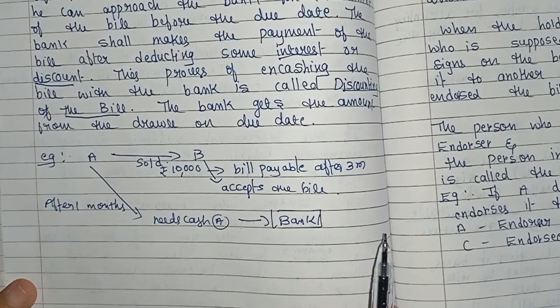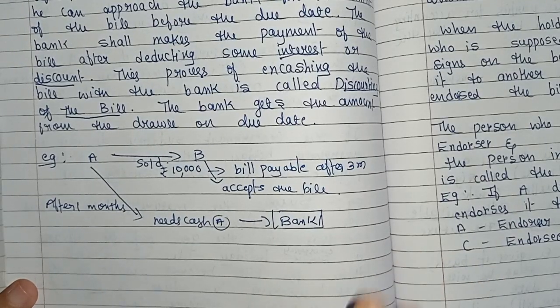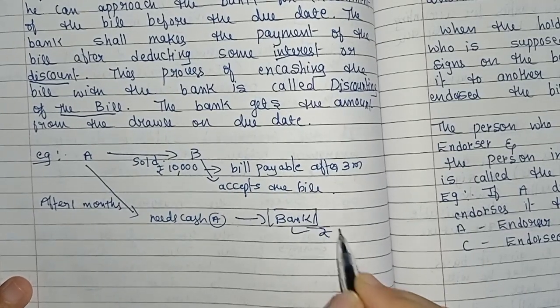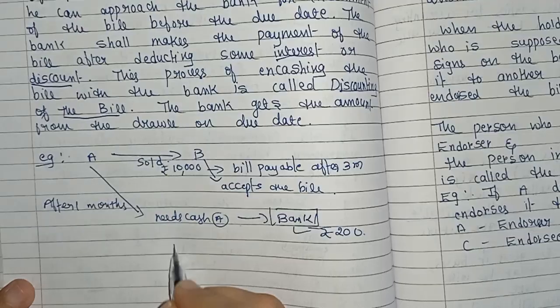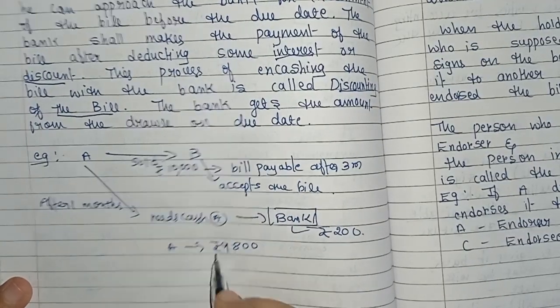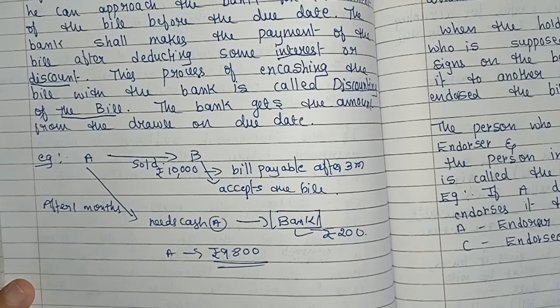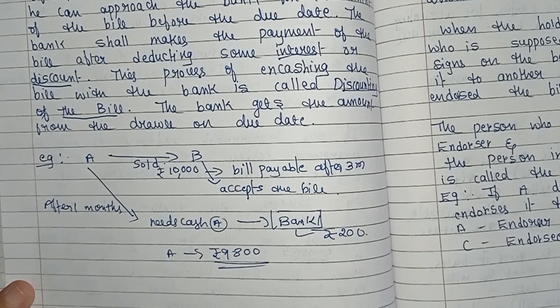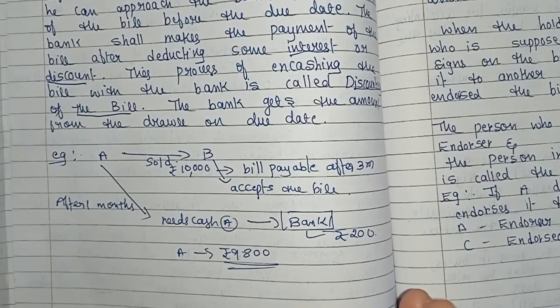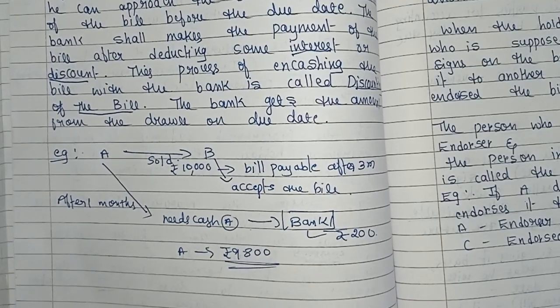The bank agrees to pay him the amount only after deducting a small charge, say rupees 200. Now A gets rupees 9,800 immediately after deducting rupees 200. And the bank will collect the amount of rupees 10,000 from B on the maturity date.